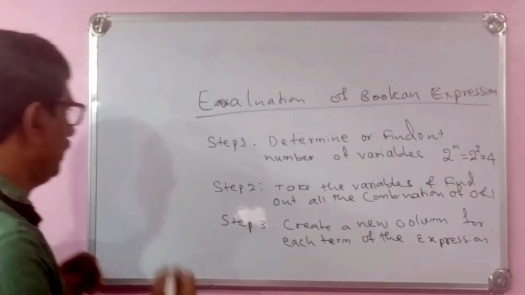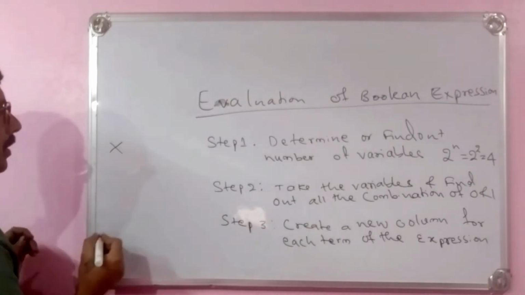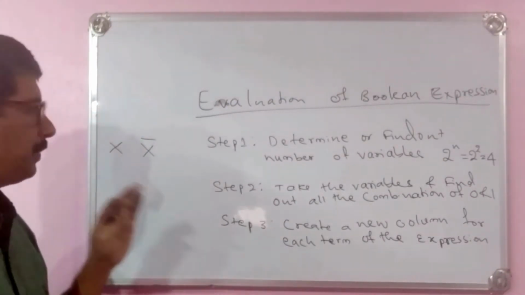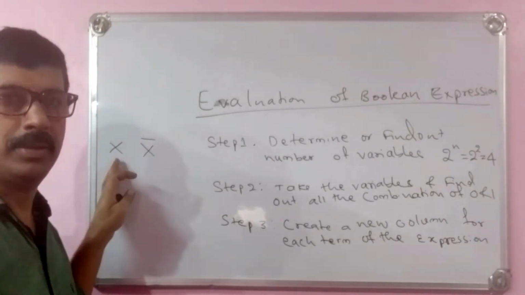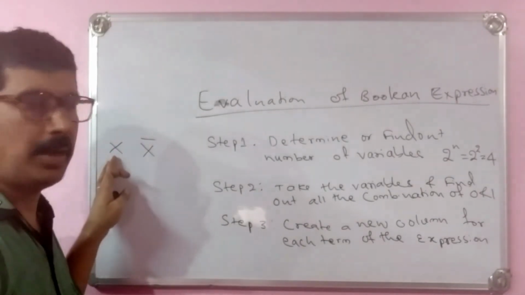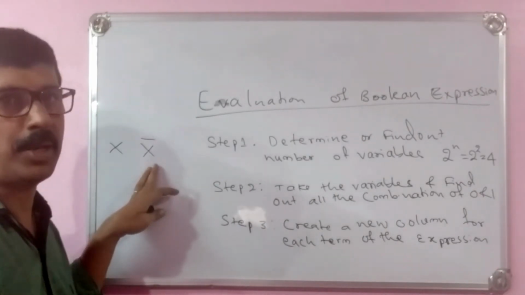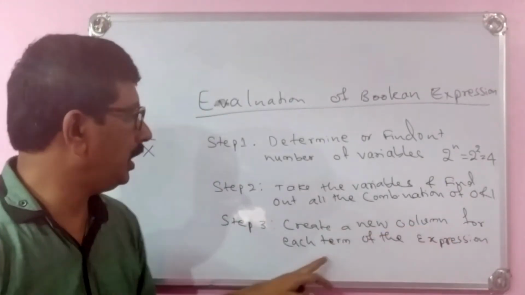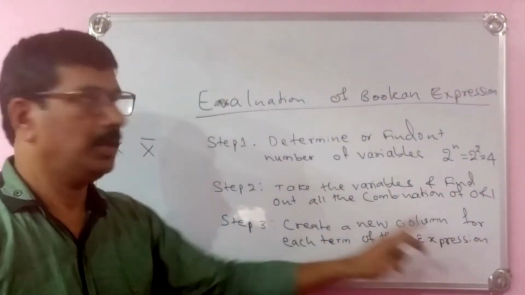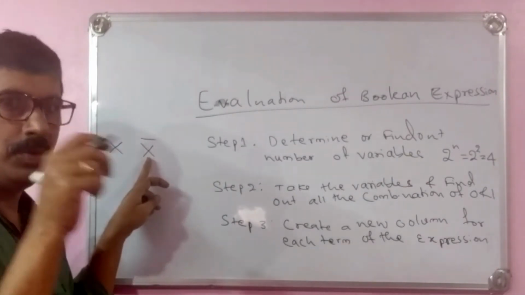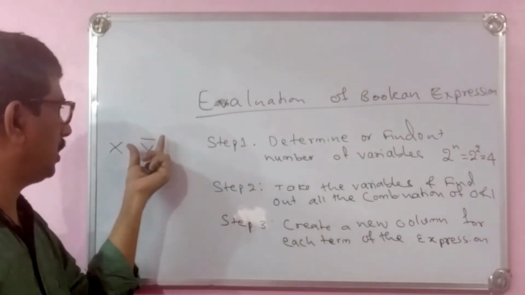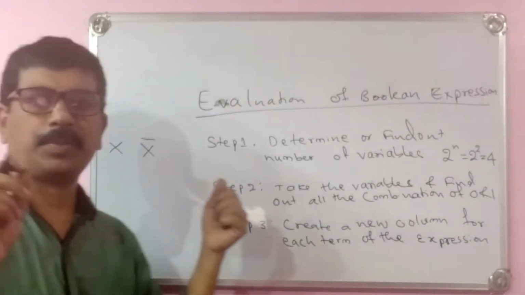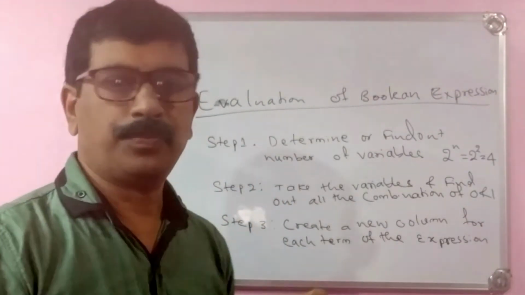For example, if x is there and x bar is also there in the expression, then take the combination of x and then find x bar. This is a new term. If this is a new term or new variable in the expression, create one new column for it. That is step 3.